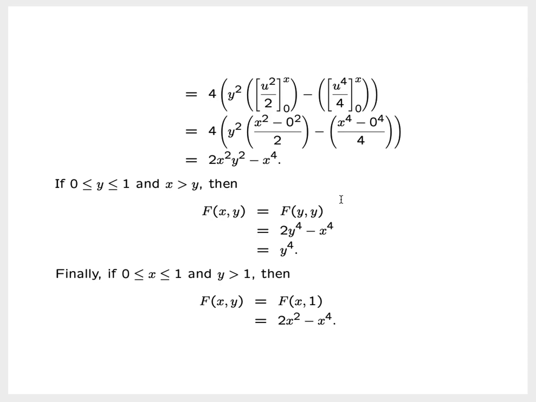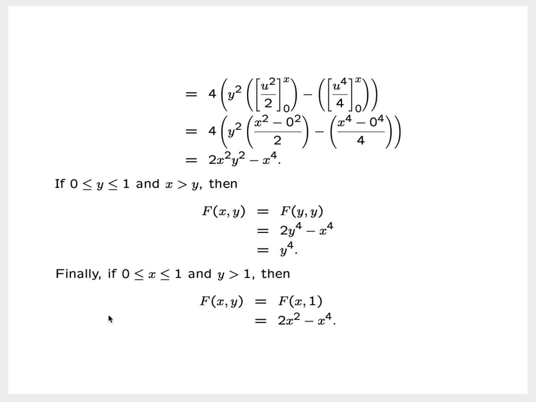When we evaluate this expression using those variables, we get 2 times y to the fourth minus x to the fourth. We're plugging y in for x, and so that is 2y to the fourth minus y to the fourth, or 1y to the fourth.